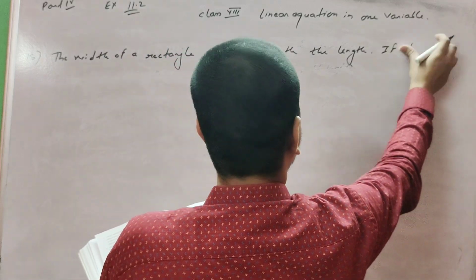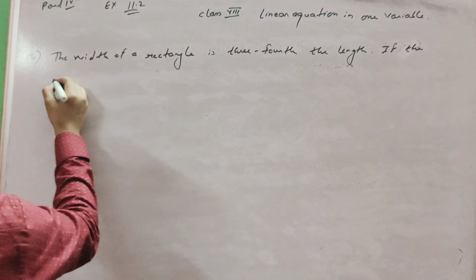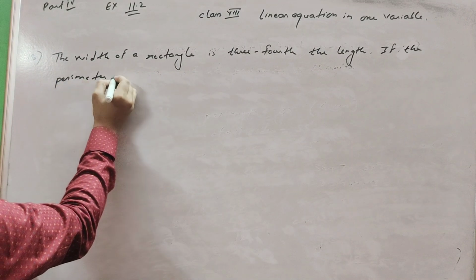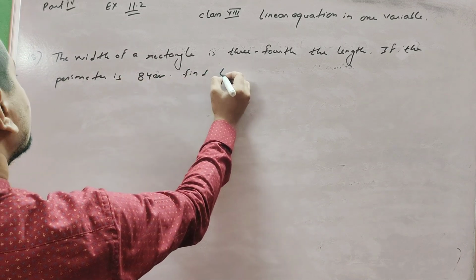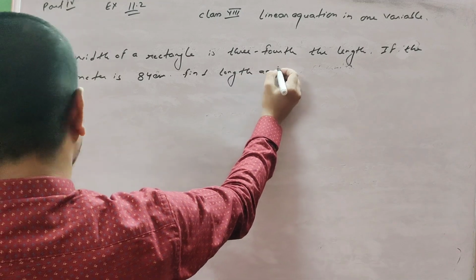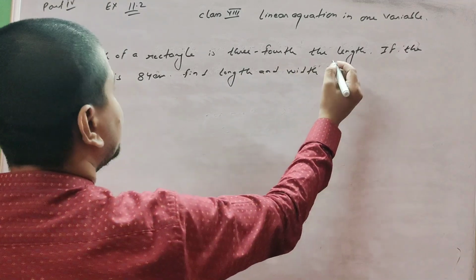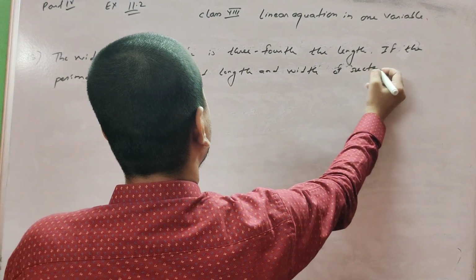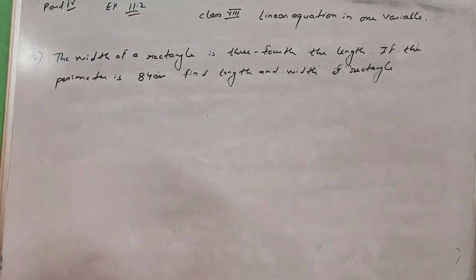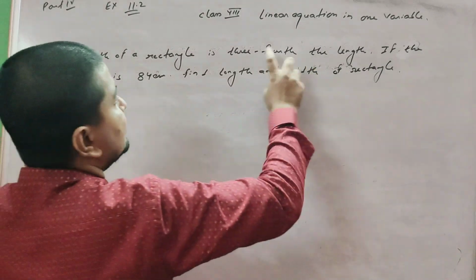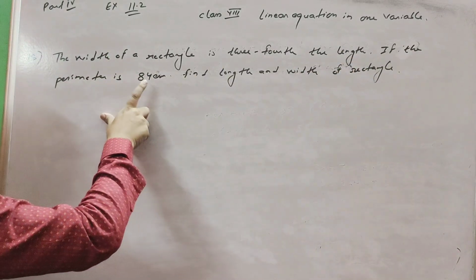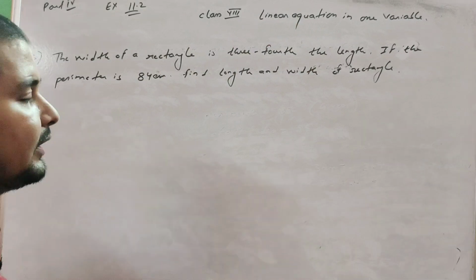If the perimeter is 84 centimeters, find the length and width of the rectangle. The width, that is breadth, is 3/4 of the length. If the perimeter is 84, find the length and width of the rectangle.